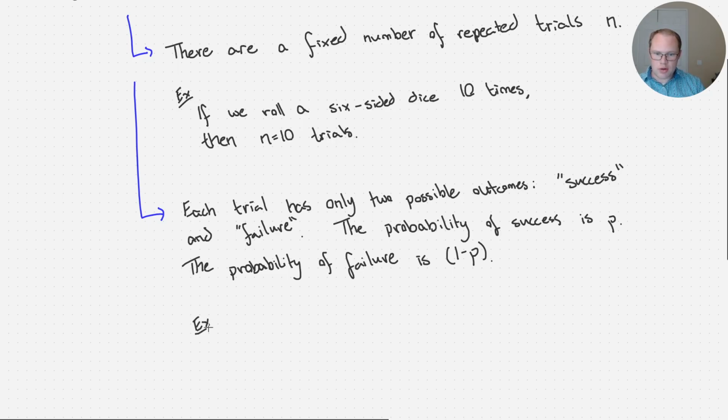Let's go back to our dice rolling example. Say we are interested in rolling a 2. We are interested in whether or not the dice lands on 2 for each trial.